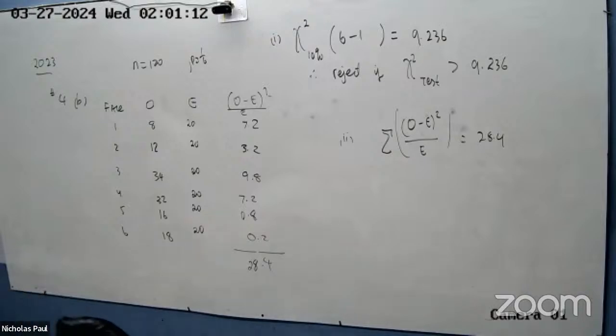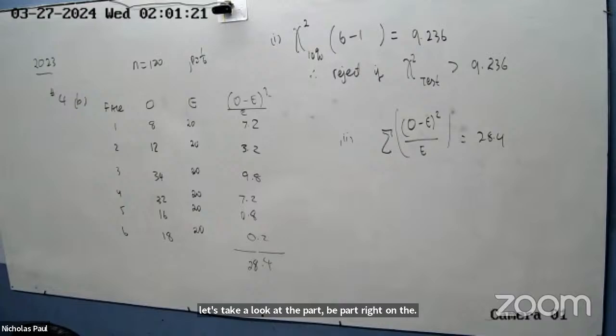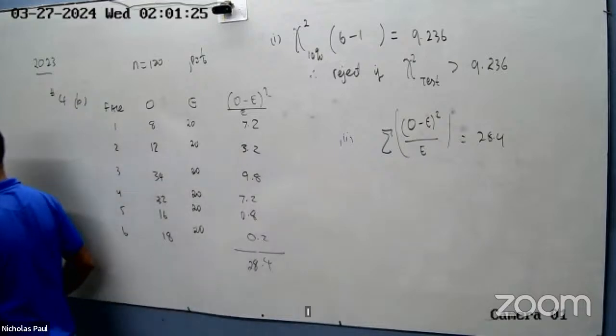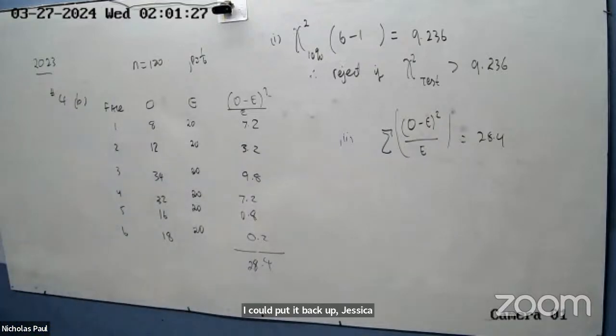All right. Let's take a look at part B, the part right underneath that. So now we have a discrete random variable.